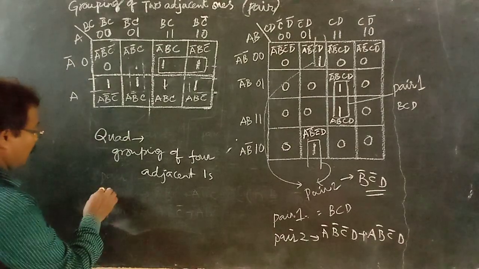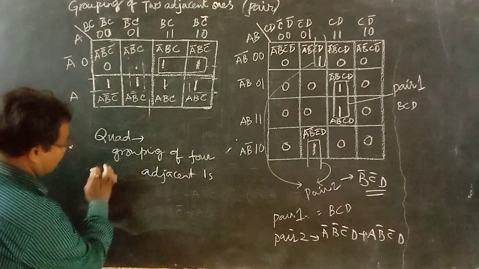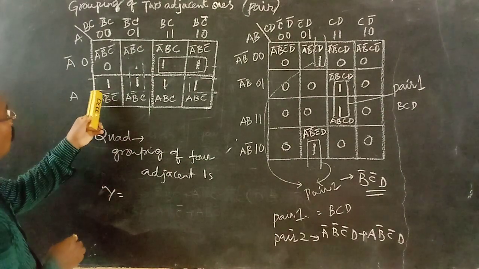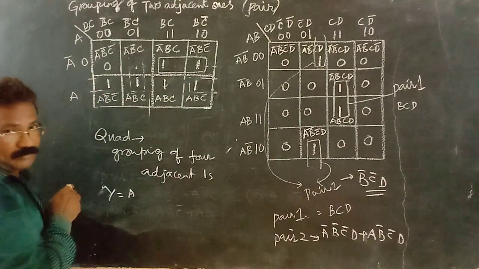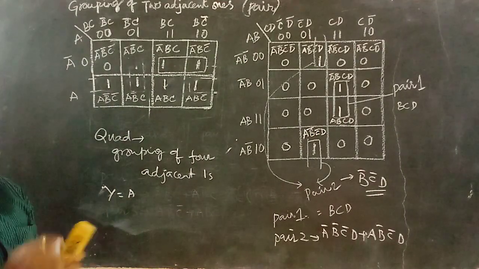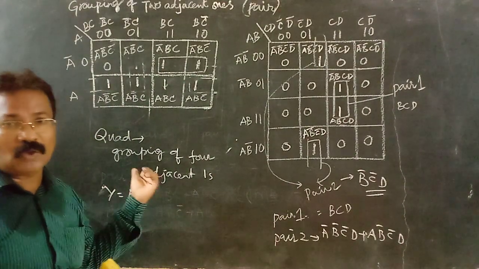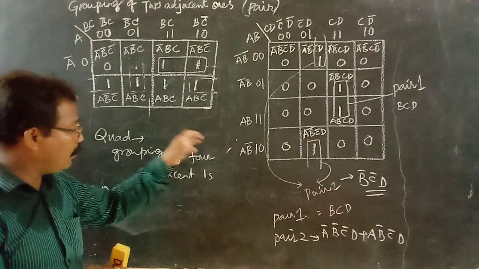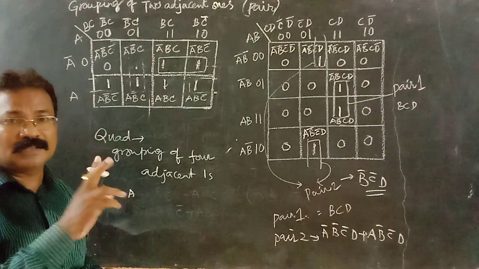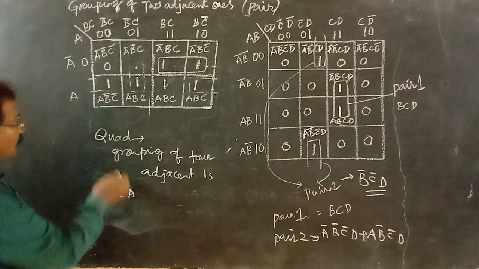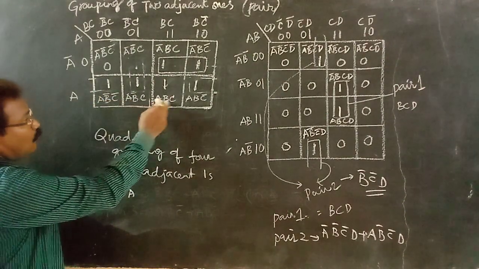So here in this expression, Y is equal to a combination of 4 minterms, which is known as a quad. So the grouping of four adjacent ones is a quad. Here it is the combination of 4 cells.